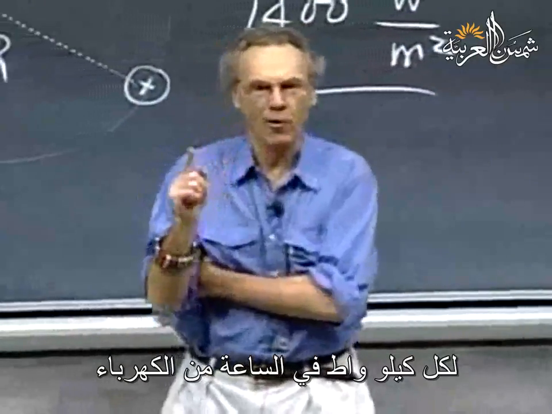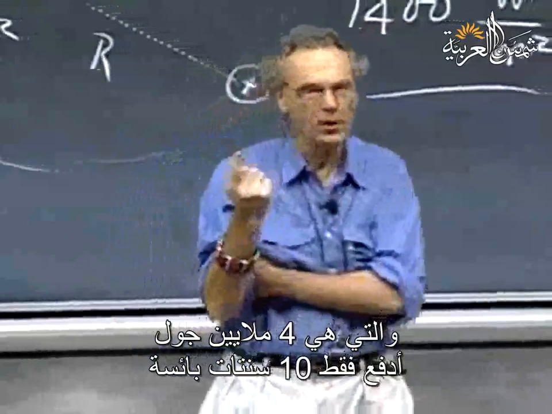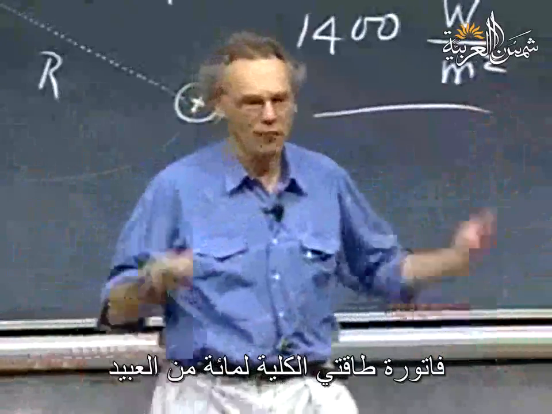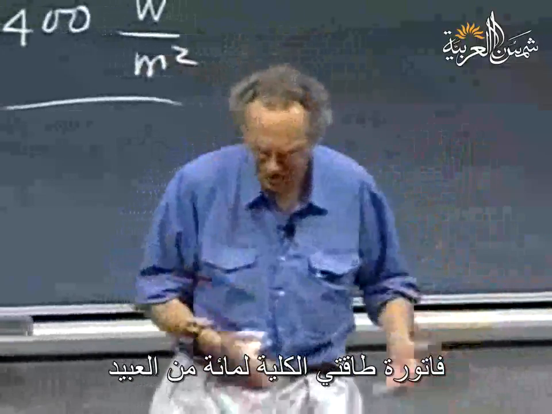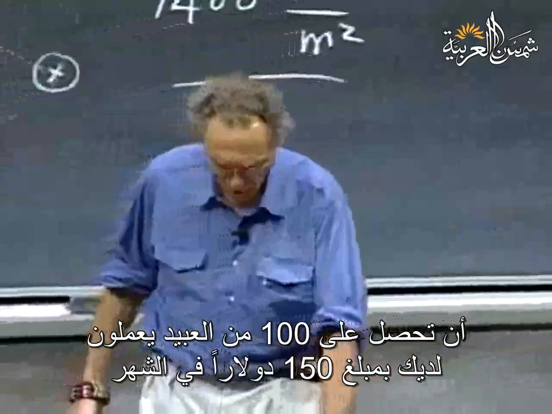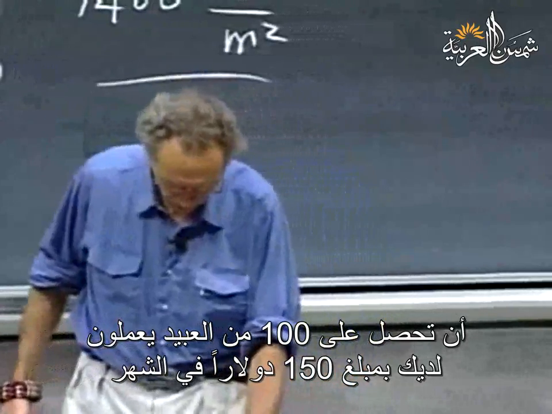For 1 kilowatt hour of electricity, which is 4 million joules, I pay only a lousy 10 cents. My entire energy bill for those 100 slaves is no more than $150 a month. What a bargain to have 100 slaves working for you for $150 a month.